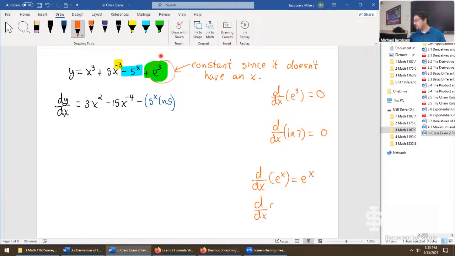D by dx of e to the 3x would give us e to the 3x, and then we would differentiate 3x through the chain rule, drop a 3 down. But this one is designed to check the concept. Missing an x means it's literally constant, and now we don't write in anything. It's vanished.